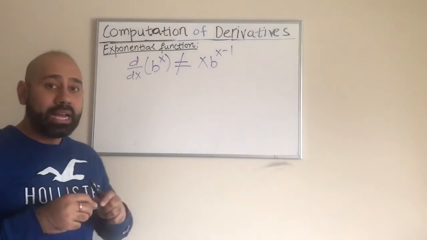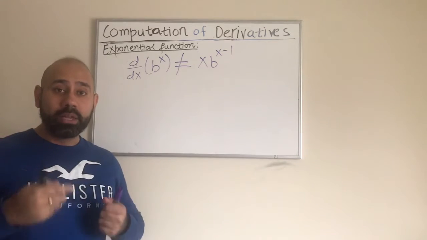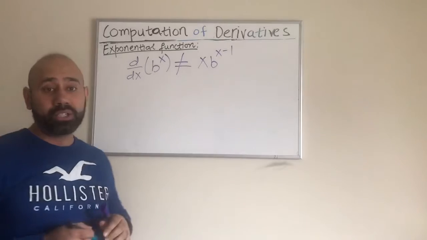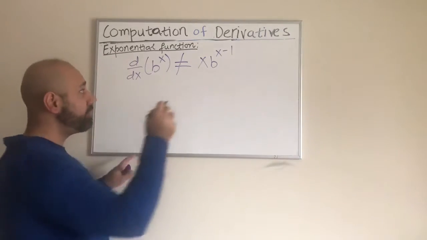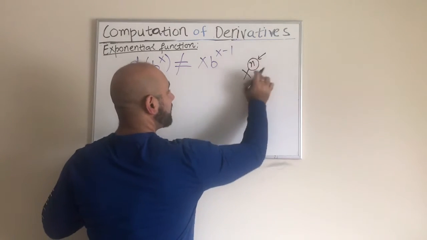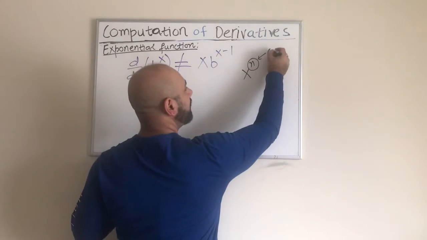Sometimes I see students think of this as a power rule, but we cannot use the power rule on an exponential function of the form b to the power x. Why? Because for the power rule, what we have is x to the power n. This looks like an exponential form, that is right, but n is a constant exponent.